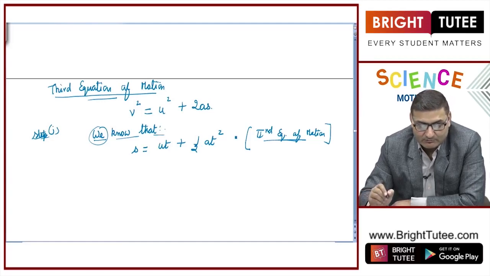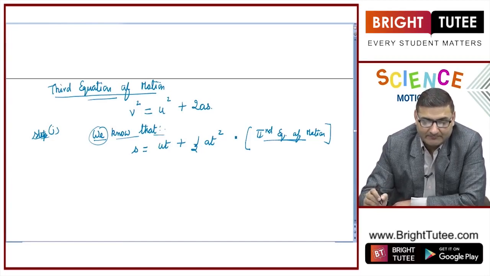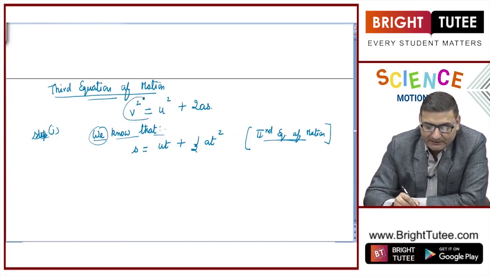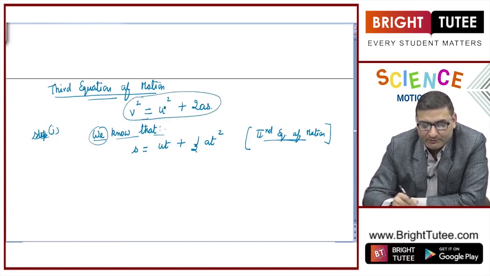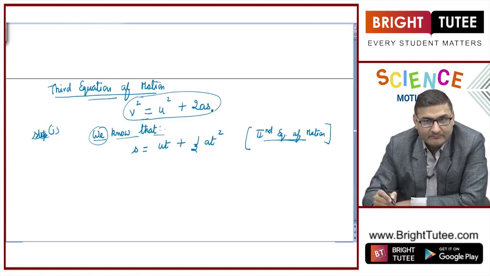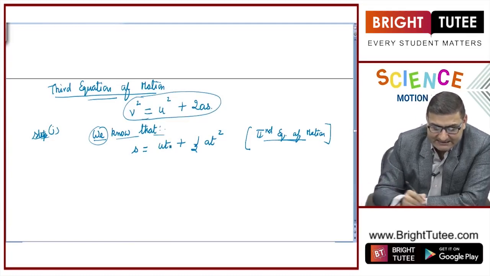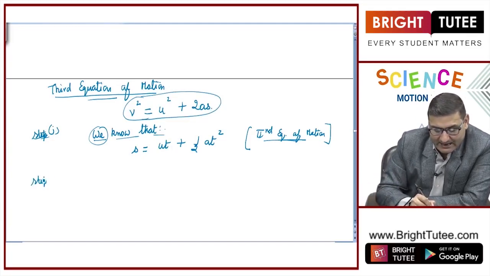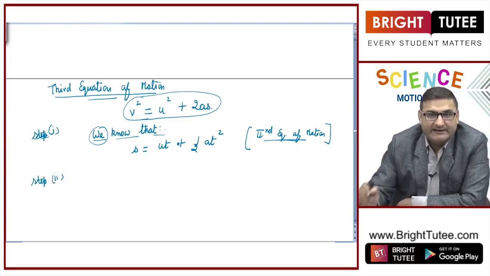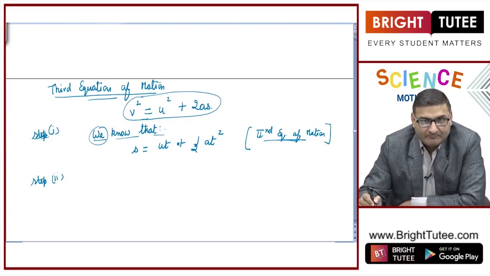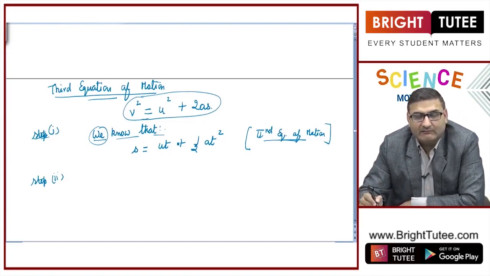Right? Now students, quite importantly, just a little bit of observation. In this formula that we are supposed to derive, do you see any t, time? No. So the second step that I need to take is to remove t. If I remove t, that will be all.